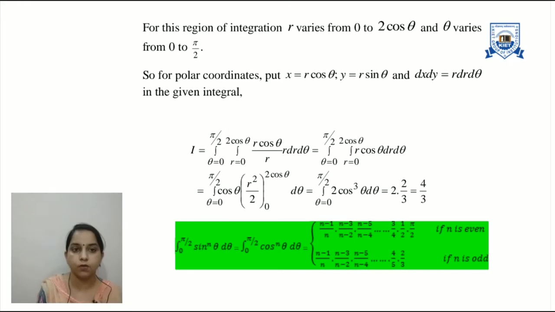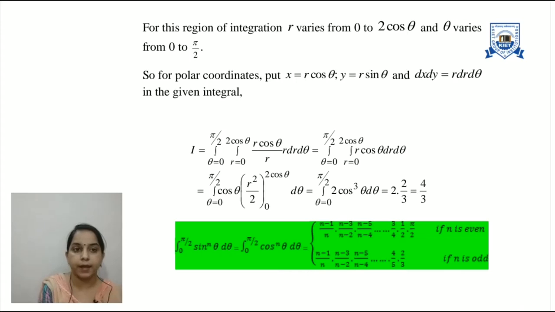Here I have used this particular formula to simplify my integration. This formula is known as the Wallis formula. How do we apply this formula? We can apply this formula when we have limits for theta from 0 to pi by 2 and the function is sin to the power n theta or cos to the power n theta.